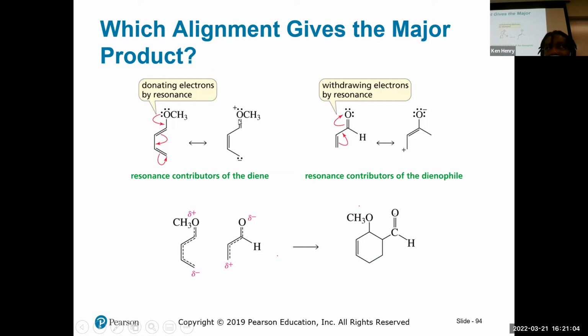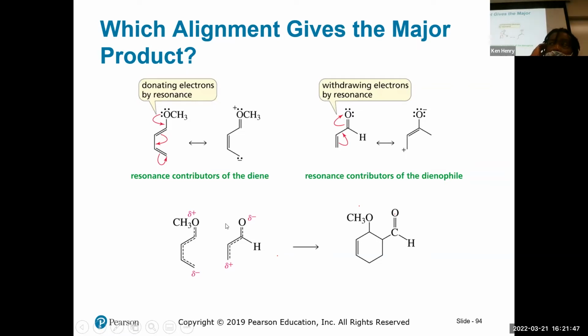Is this guy going to be more stable? Having a positive charge on oxygen isn't going to be more stable than not having a charge at all, right? Because normally we want that positive charge on a carbon or on something that is less electronegative than the oxygen. Oxygen is more electronegative, right? So if we're talking about stability, instead we get this whole thing here with a partial positive charge, a less stable moiety.